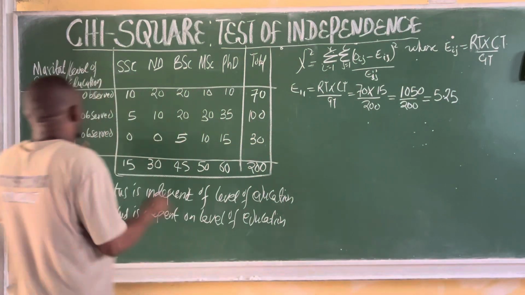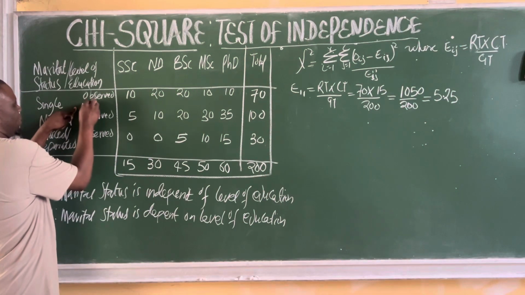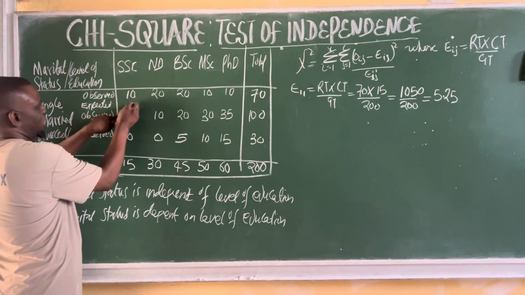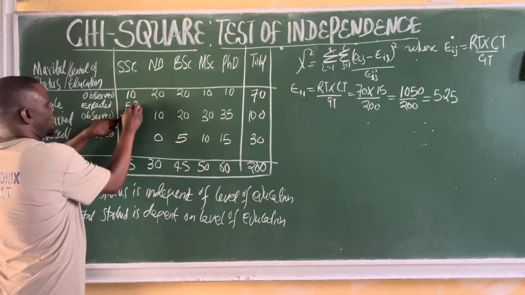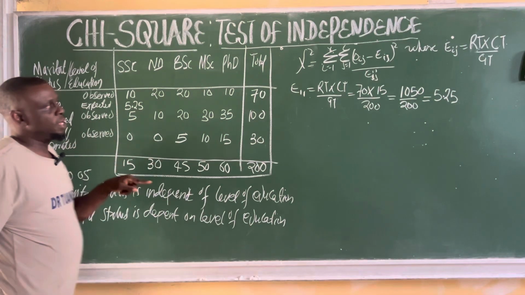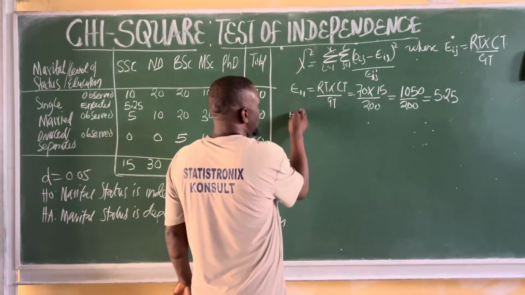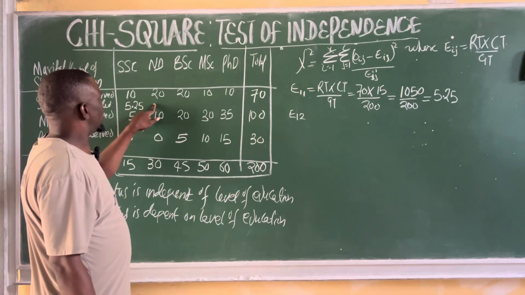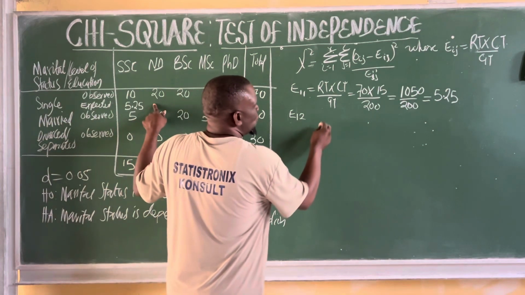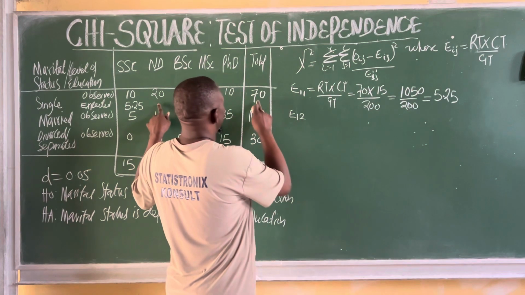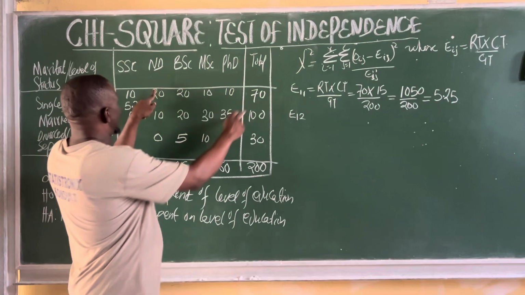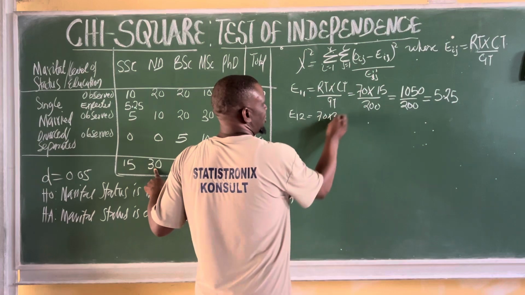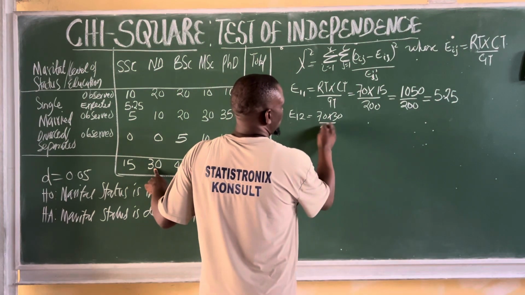So this is observed, and now call this expected. The expected value for this particular cell is going to be 5.25. Now for E12, which is row 1, column 2, the row total there is 70 and the column total is 30. So we'll have 70 times 30 all over 200.